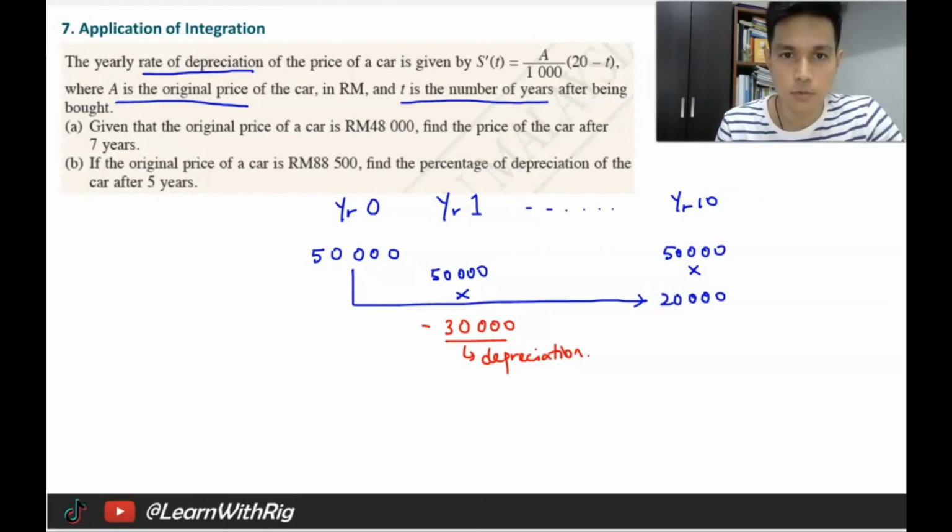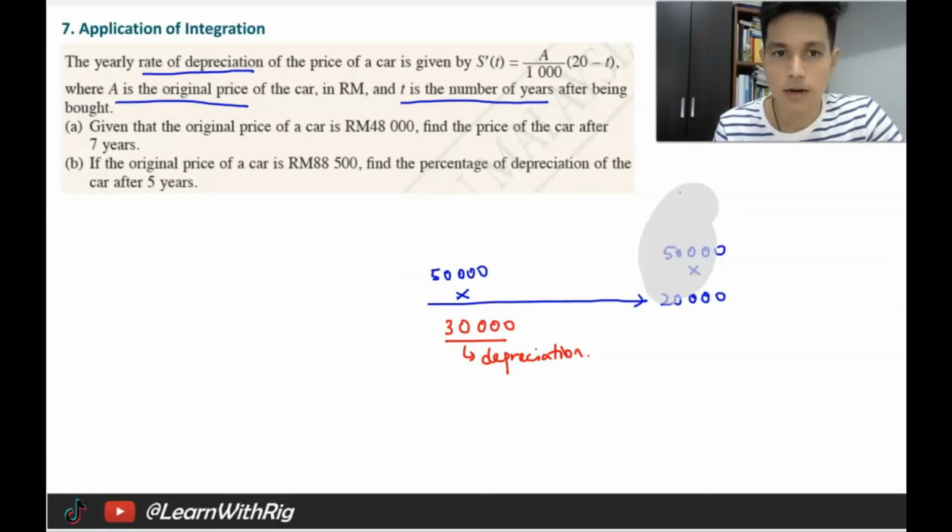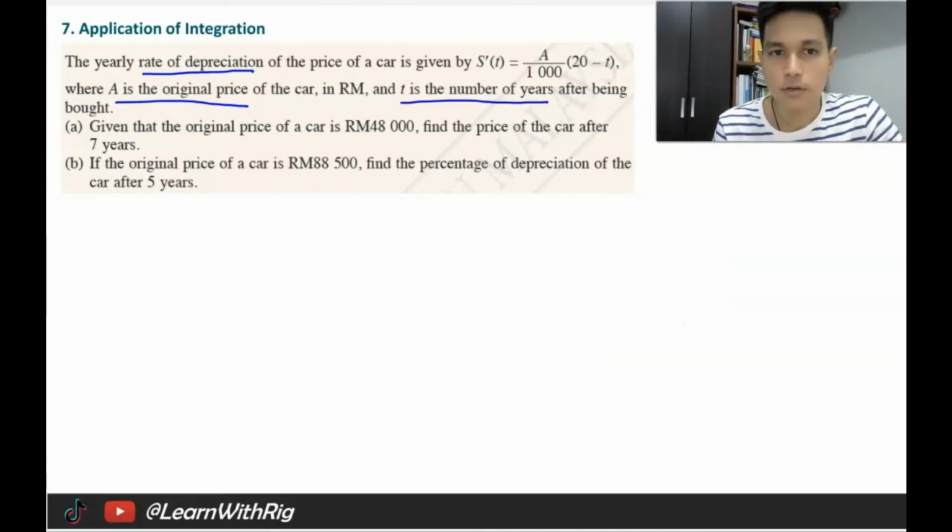So coming back to this question, question 8, it says: given the original price is 48,000, find the price of the car after 7 years. So they are telling you from year 0 all the way to year 7, giving you a range. To find the price on year 7, you must take the original price minus the depreciation amount.